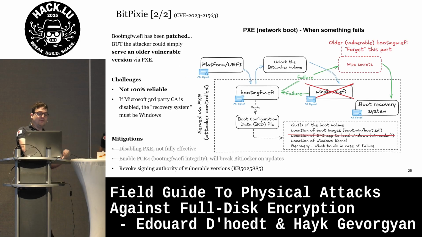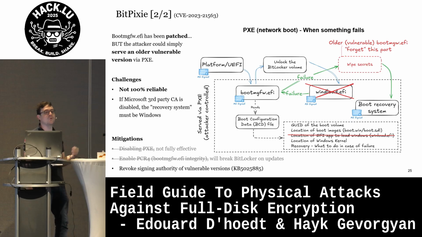What happens if you serve a corrupted boot configuration? If you serve a corrupted boot configuration, winload.efi will not, for example, load here. We will revert back to bootmgr.efi, which will have unlocked the BitLocker key. It's supposed to clean the memory before going to the recovery option.